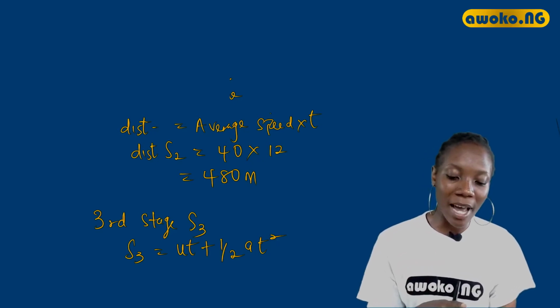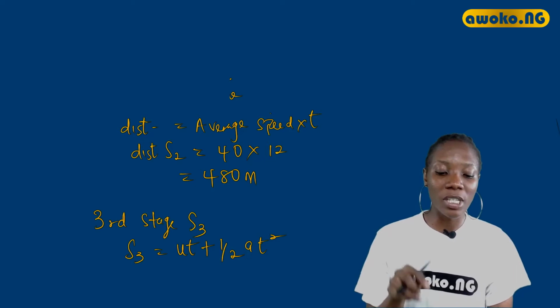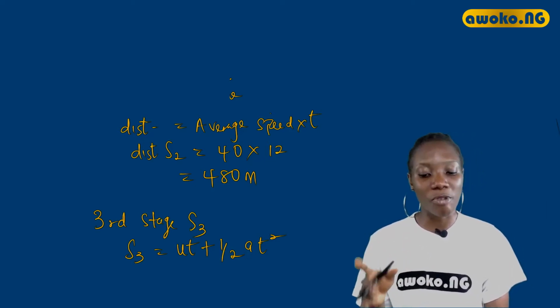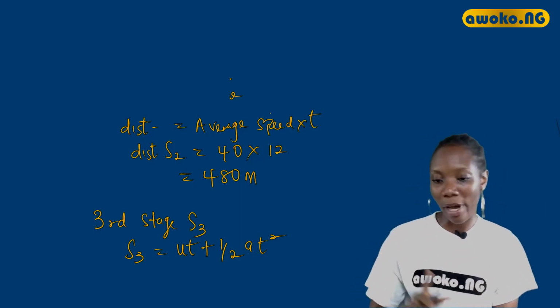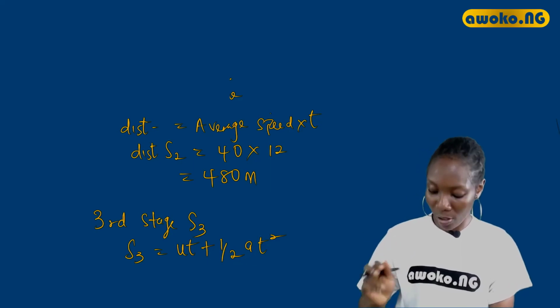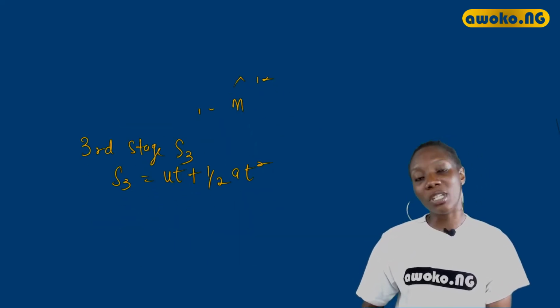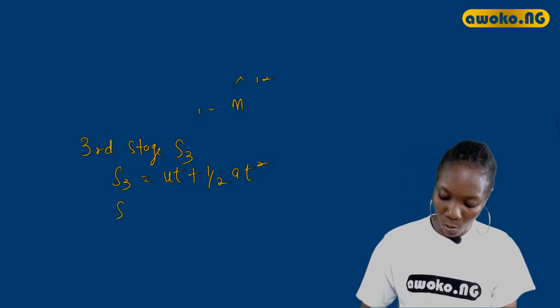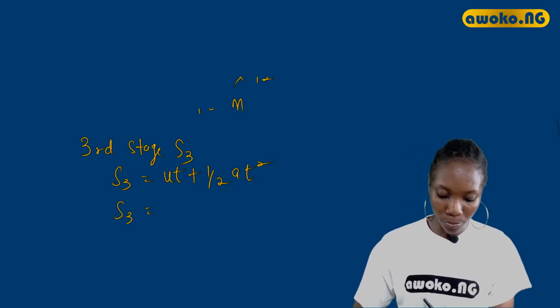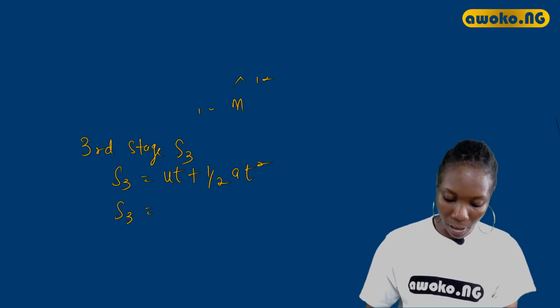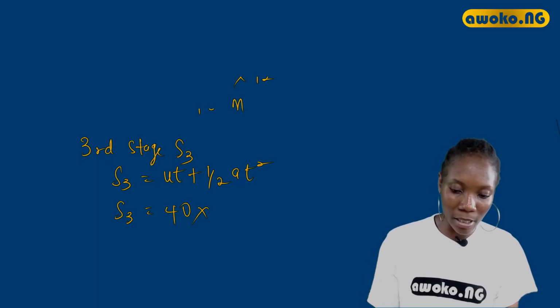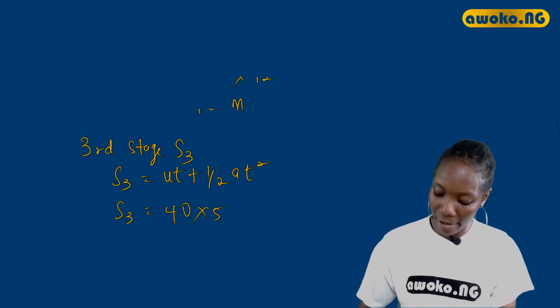After 12 seconds, it is uniformly retarded and brought to rest in 5 seconds. So now we are considering the retardation stage, where the body started reducing in velocity. So S3 equal the same thing, but in this case, 40, which is the initial velocity, times our time, in this case 5 seconds.